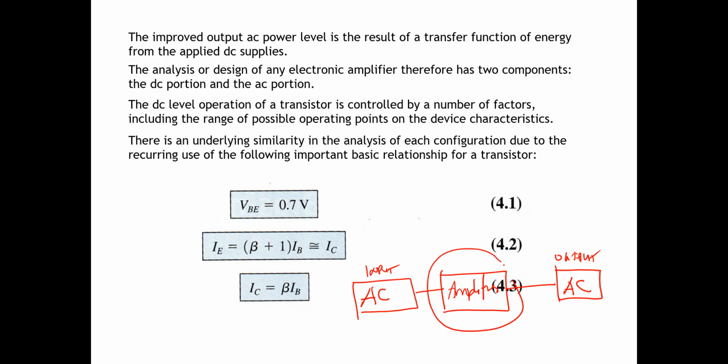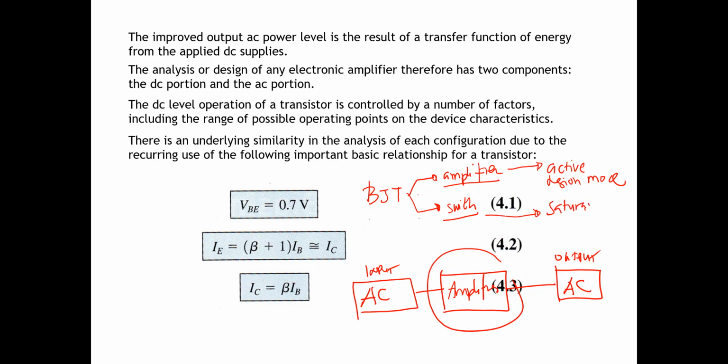And saturation mode and cutoff mode are very useful for BJT in switching applications. So commonly we can use the BJT as an amplifier, and another is we can use it as a switch. For amplifier, we use the active region mode. And for switching, we use the saturation region for on, and then we use the cutoff to turn off the BJT.